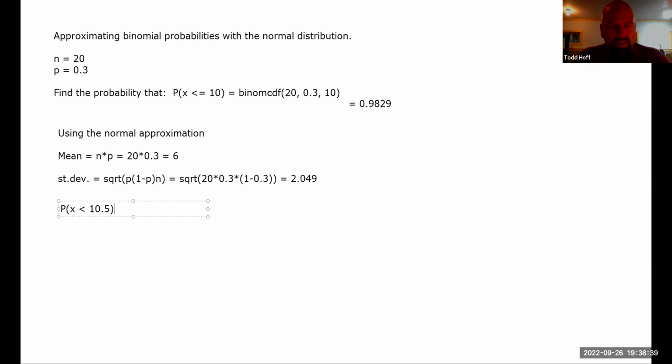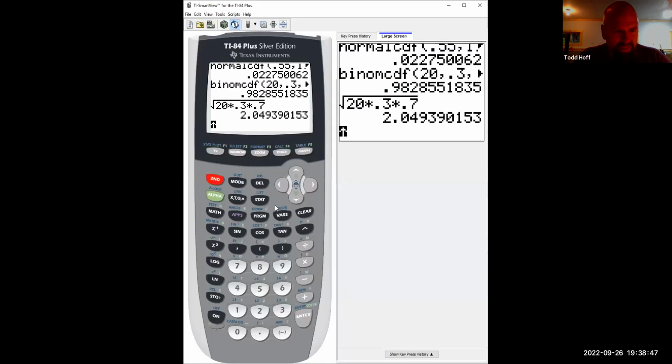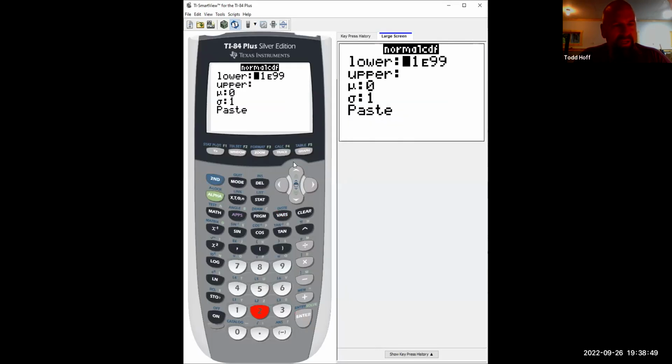So we'll go to the calculator. What was that? 2.049. Second distribution, normal CDF. And we're going from 0 to 10 with a mean of 6, standard deviation of 2.049.